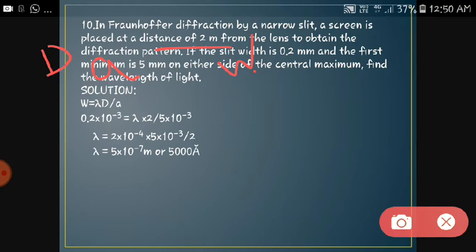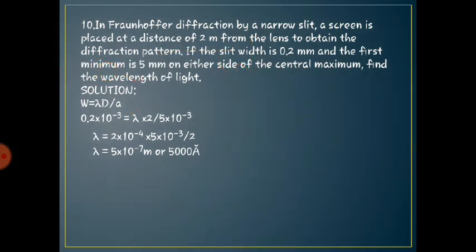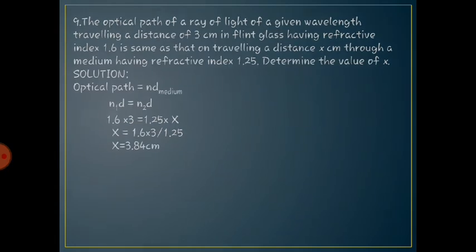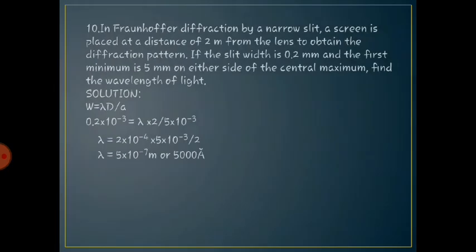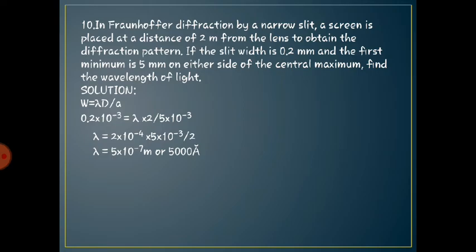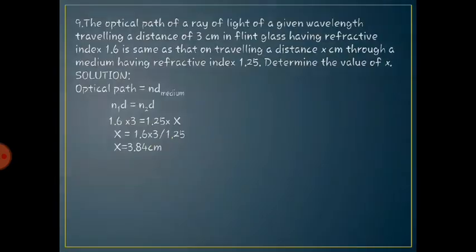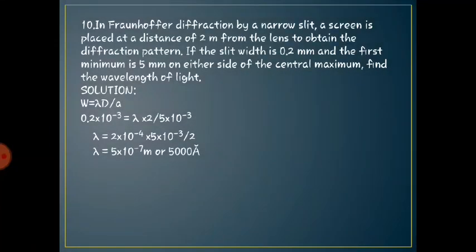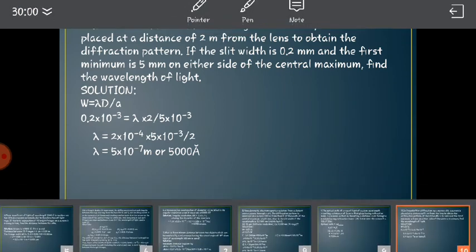As you come to know what is given, it is very easy to find out what we are going to find out. That is W is equal to lambda D by A. What condition is given? Minimum, either side of the central maximum. So that's why I'm going to use this formula, which is W is equal to lambda D upon A. So W is nothing but 0.2 into 10 raised to minus 3, as millimeter is over here.